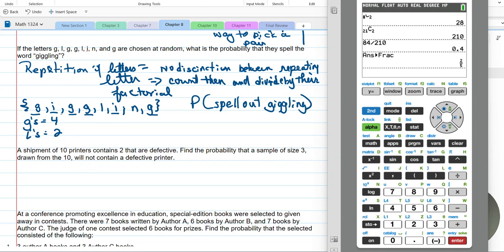All right. Well, there's only one way of getting giggling, but in this case, we're saying that we have, I don't know, 8 factorial. It's a permutation. Order important.